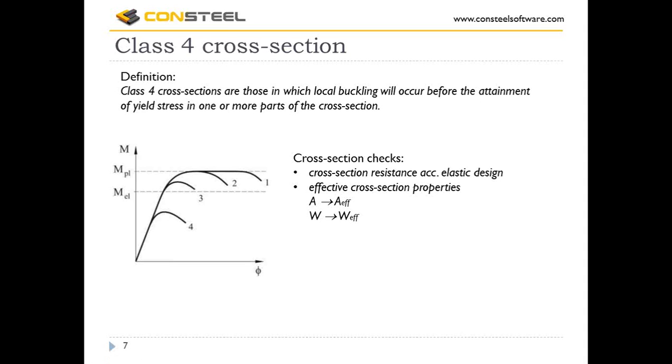And how to check class 4 cross-sections? Calculation of the cross-section resistance according to the elastic design, as in the case of class 3 cross-sections, but effective cross-section properties have to be used in the standard check.